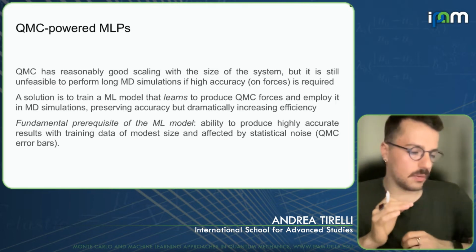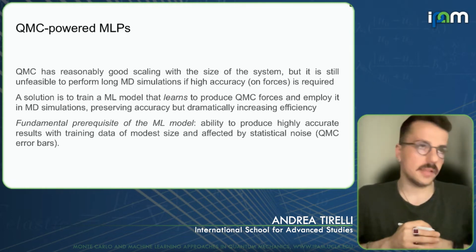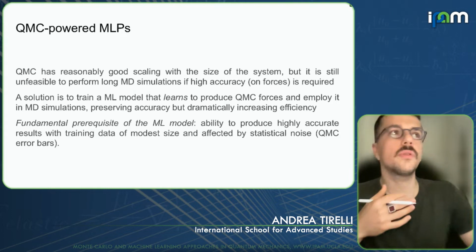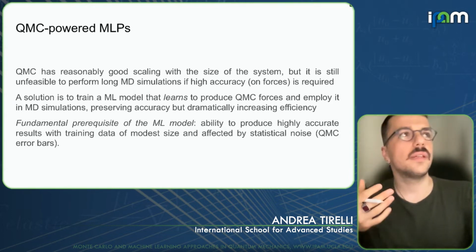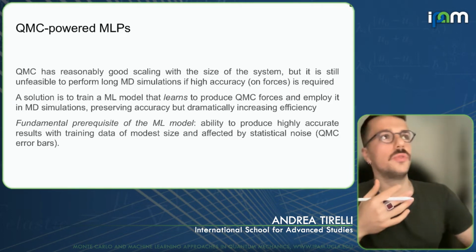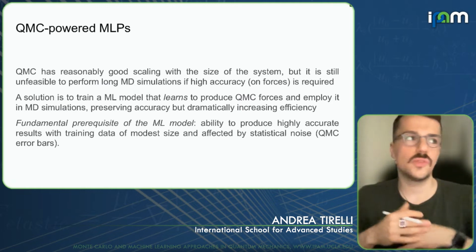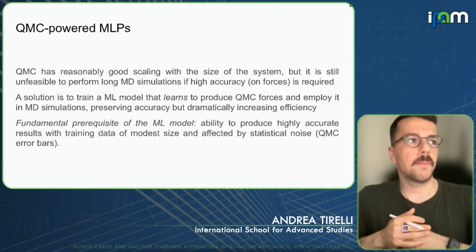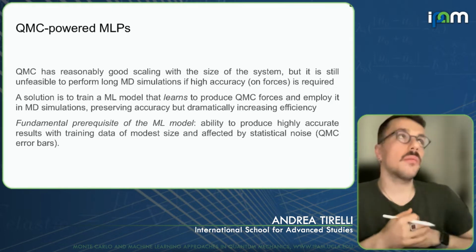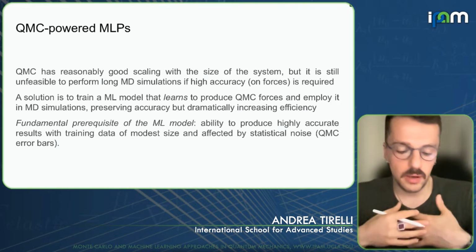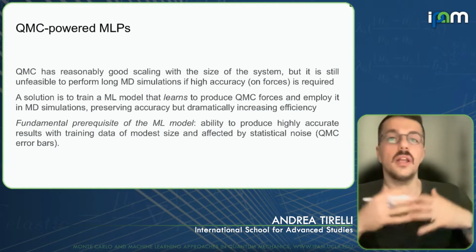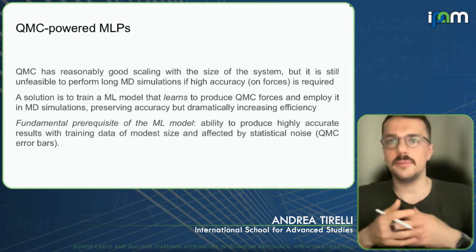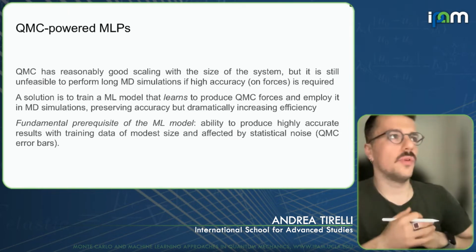And the main point that I want to stress here is that we cannot just choose any machine learning model. If we were able to just choose any method, that would mean that we could probably have huge training data sets. I will talk about this in a few moments.